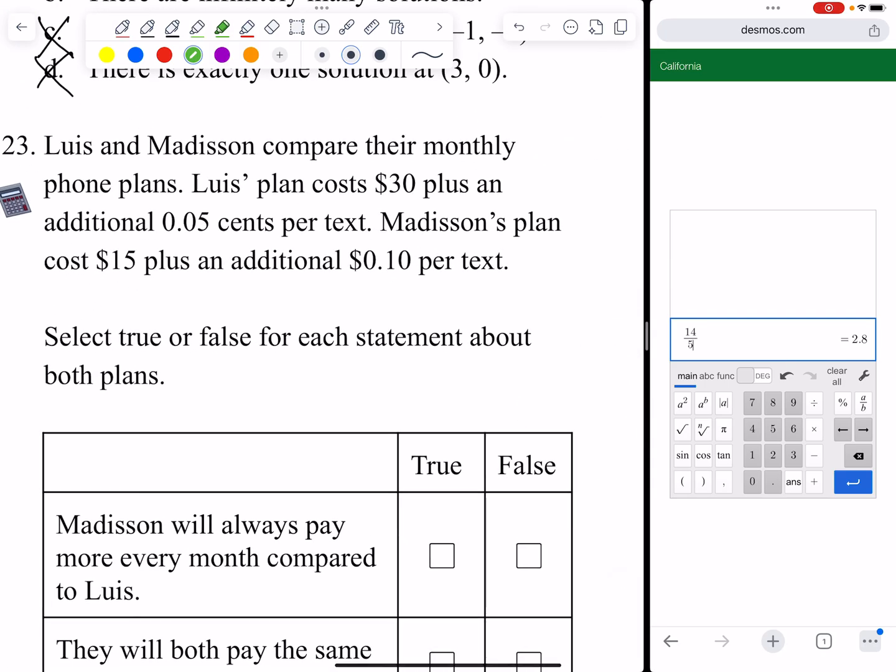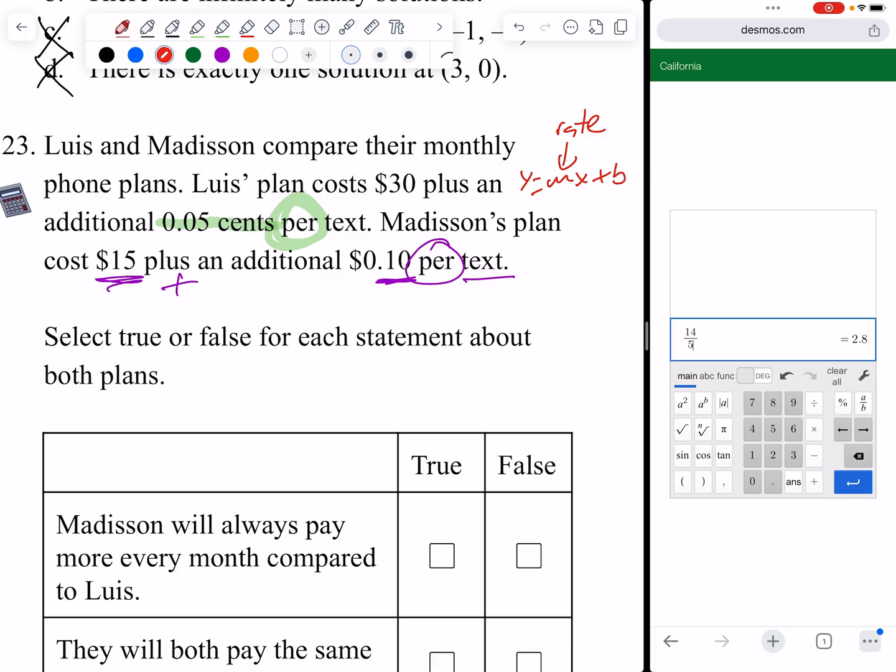All right, Luis and Madison compare their monthly phone plans. Luis's plan costs $30 plus an additional 5 cents per text. Oh, do you see what I'm getting with this? This is already going to be another y equals mx plus b, right? Because as soon as I see rate, I think about that. And then Madison's plan starts at $15 plus an additional 10 cents per text.